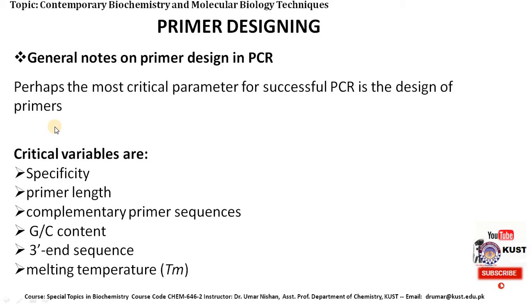There are certain very important critical variables in running a successful PCR: specificity of the primer, primer length, complementary primer sequences, GC content, 3' end sequence, and melting temperature. These are some of the most important parameters that need to be considered for running a successful PCR reaction.